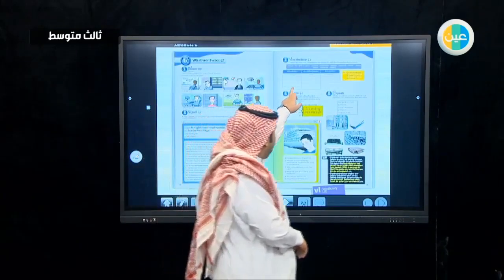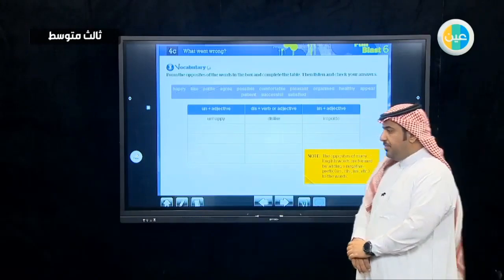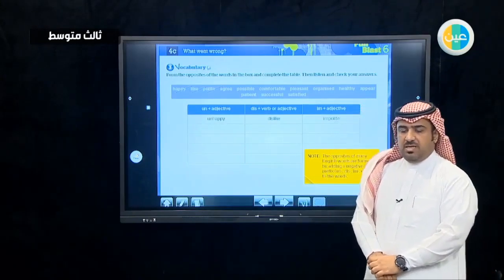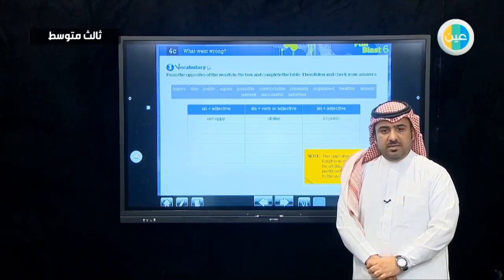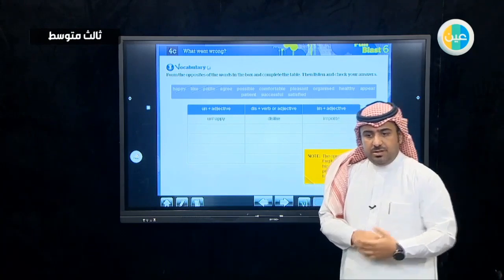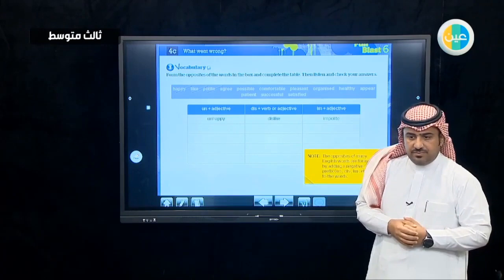Now let's go to the vocabulary exercise. Here we are going to learn about the prefixes that indicate the opposite meaning of a word, either if it is an adjective or a verb.